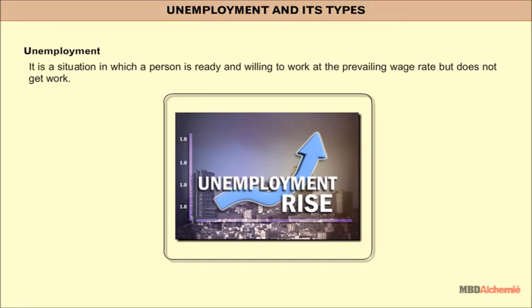Unemployment and its types. Unemployment is a situation in which a person is ready and willing to work at the prevailing wage rate but does not get work. Unemployment is of two types: rural unemployment and urban unemployment.